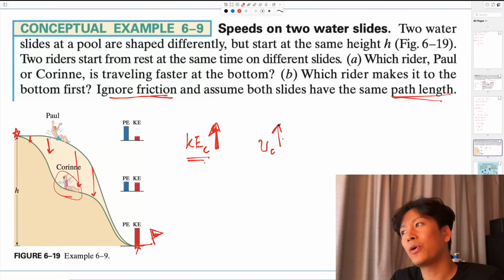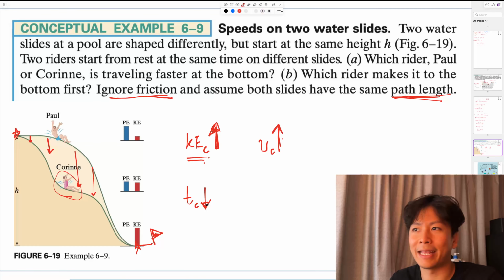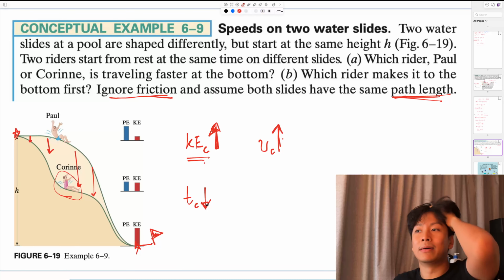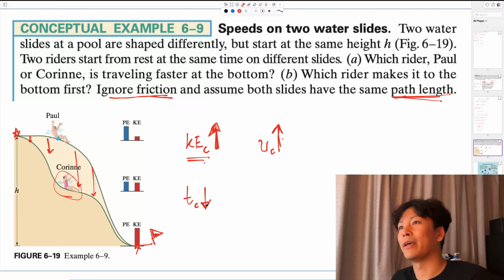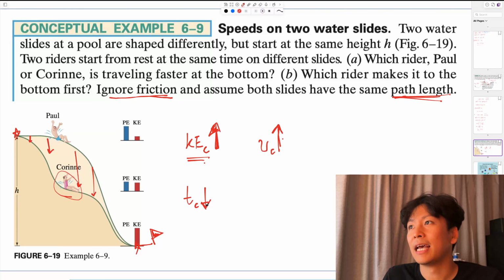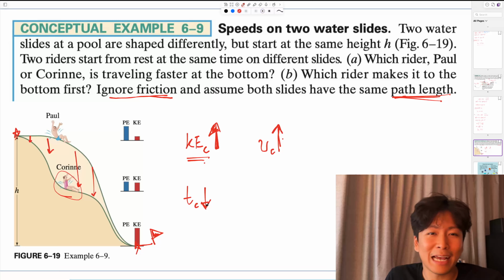If your speed is always higher and the path length is the same, the time it takes to get to the bottom has to go down. And so the answer is Corin. She will arrive at the bottom of the slide before Paul does. Now you have a tool whenever you go to an amusement park or a water park like Wet and Wild, you can do some calculations.